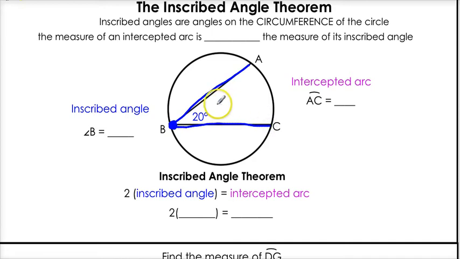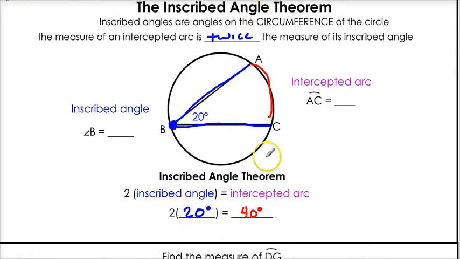Now before, we knew that a central angle was equal to the arc. This one's a little different. In this one we know the measure of an arc is going to be twice the measure of an inscribed angle. So if I know that this inscribed angle is 20 degrees, if I multiply that by 2, because the arc is double it, then I know that my intercepted arc is 40 degrees.